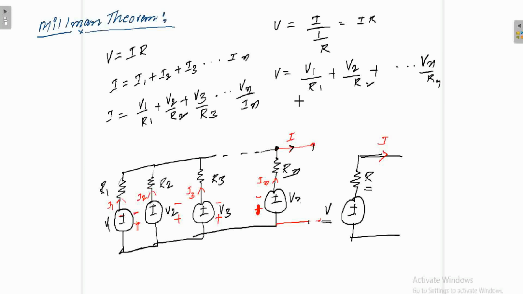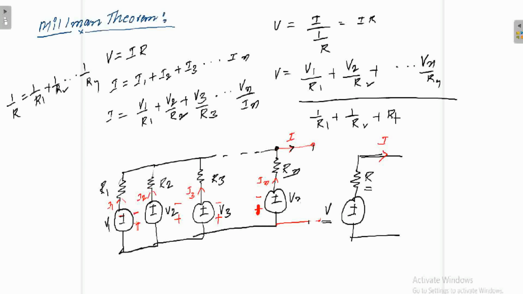Then what about 1 by R? Already we got 1 by R, which is 1 by R1 plus 1 by R2 plus 1 by R3 up to 1 by Rn.